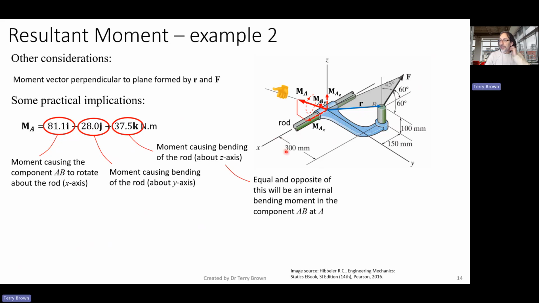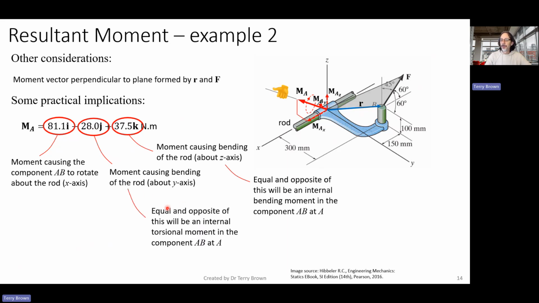Now, the other consideration is that equal and opposite of this bending moment will be an internal bending moment in the component AB. So there's going to be bending and stresses due to bending generated in this blue component here, which again we'll need to make use of in order to design the size of this component appropriately, which we'll do as we go through the subject.